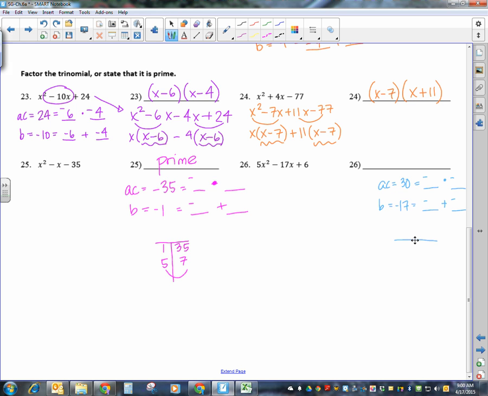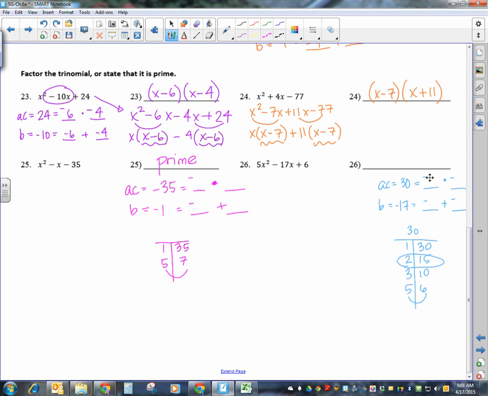Okay, and just to review this again, if you have trouble with that, you can see it's 1 times 30. 2 goes into it 15 times. 3 goes into it 10 times. 4 doesn't go. 5 goes into it 6 times. 6 is already on the other side, so I know I'm done. And I'm looking for a pair of numbers that add up to 17.